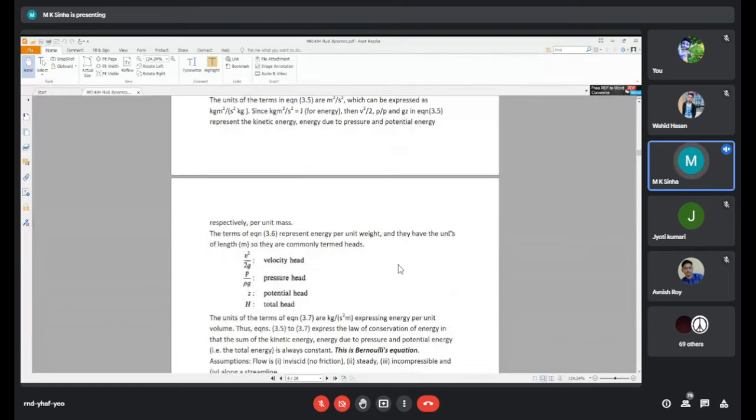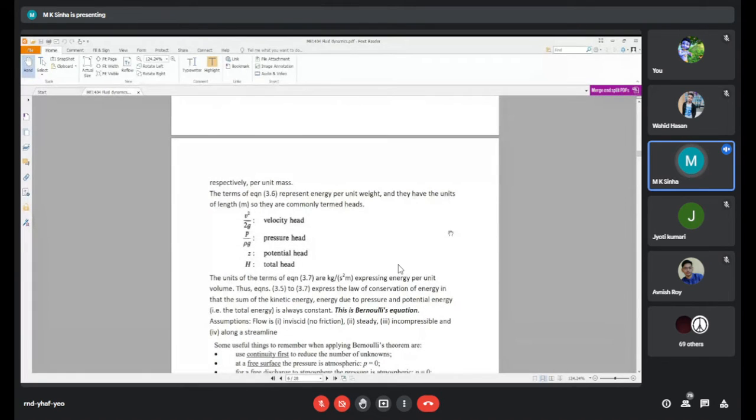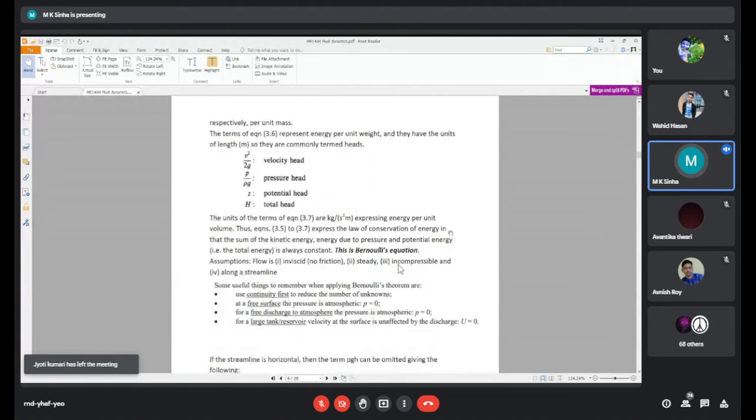So here V square by 2g is the velocity head, P by rho g is the pressure head, Z is the potential head, and the summation of these is the total. So this is your Bernoulli equation.